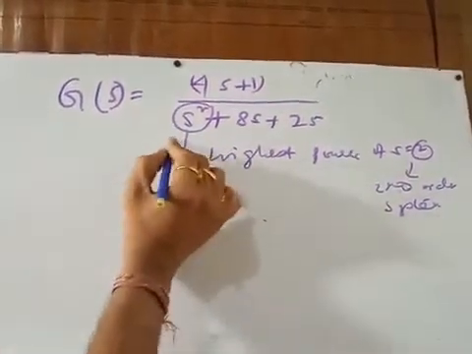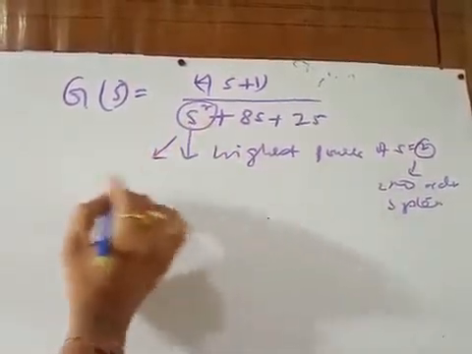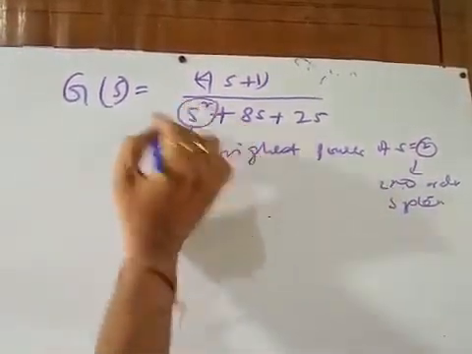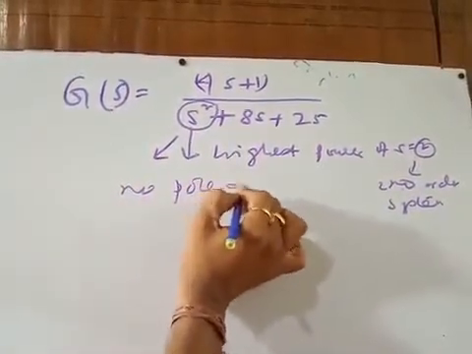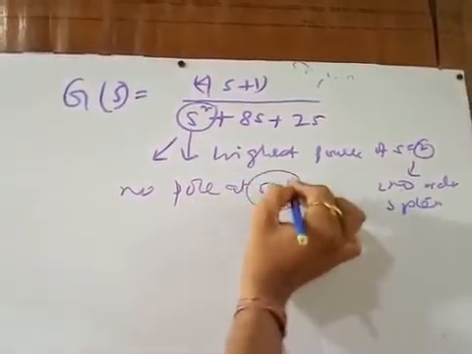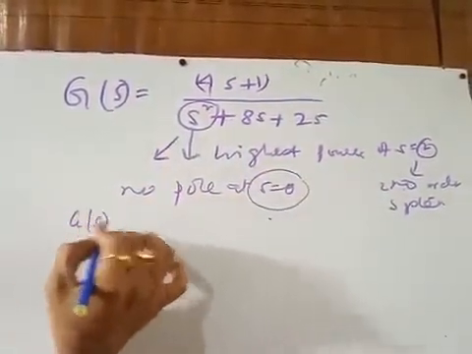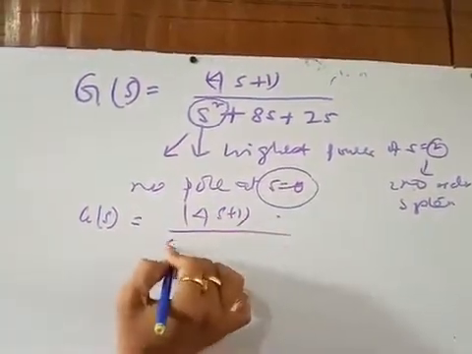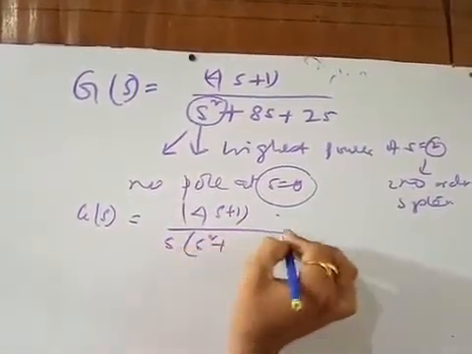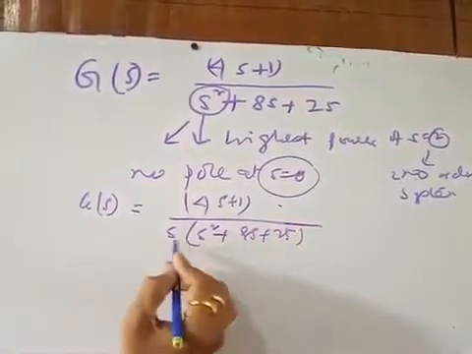Already I have discussed a certain part: in this case there is no pole at s is equal to 0. Is there any pole? No. Now if the transfer function is G(s) is equal to 4s plus 1 into s square plus 8s plus 25, there are 3 poles.